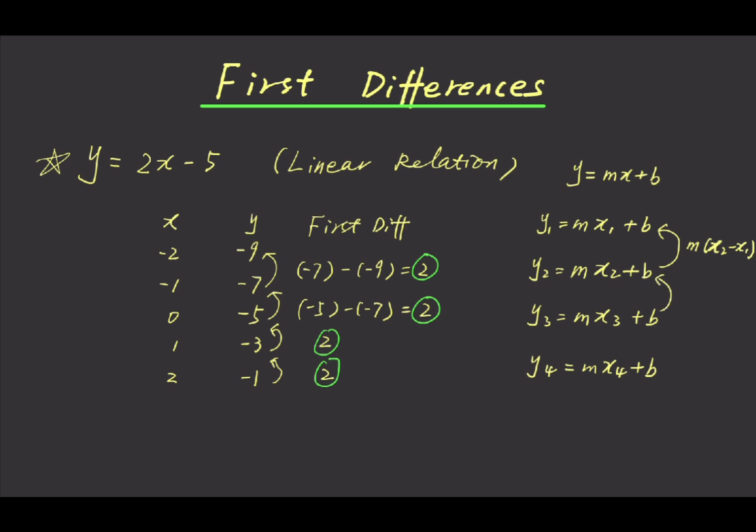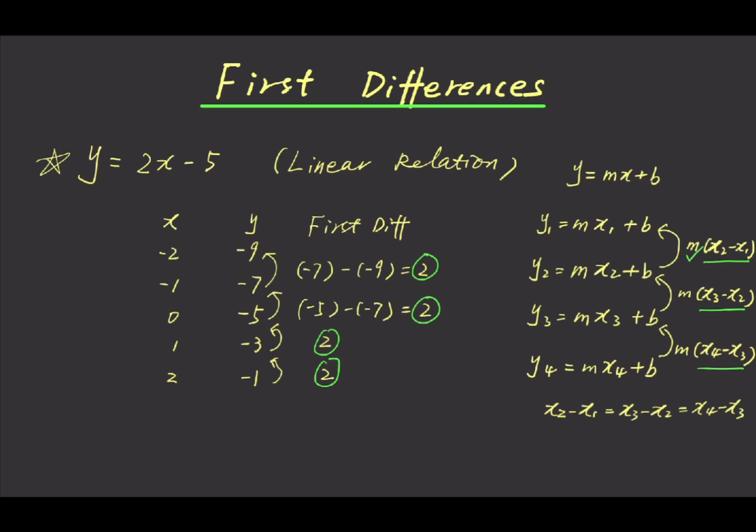Similarly, the first difference should be m times (x3 minus x2), and then m times (x4 minus x3). We know the difference of x changes evenly, so we can get x2 minus x1 equals x3 minus x2 equals x4 minus x3.